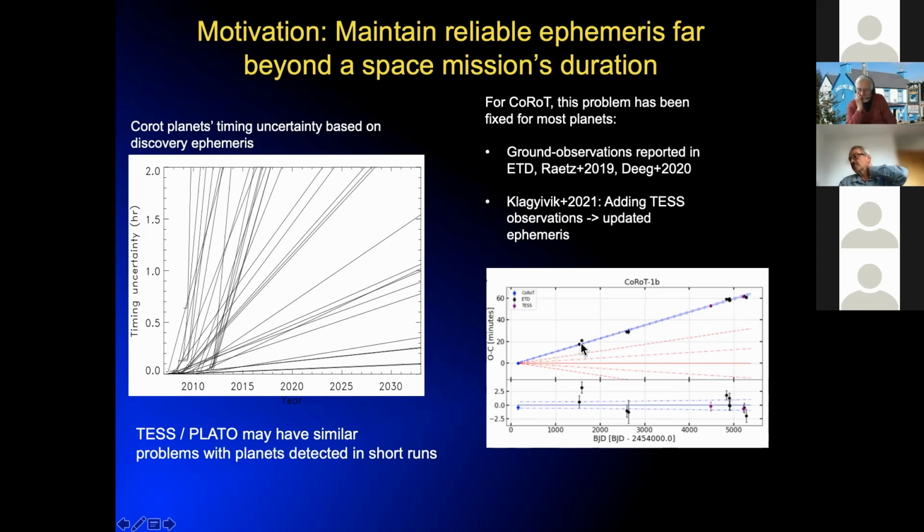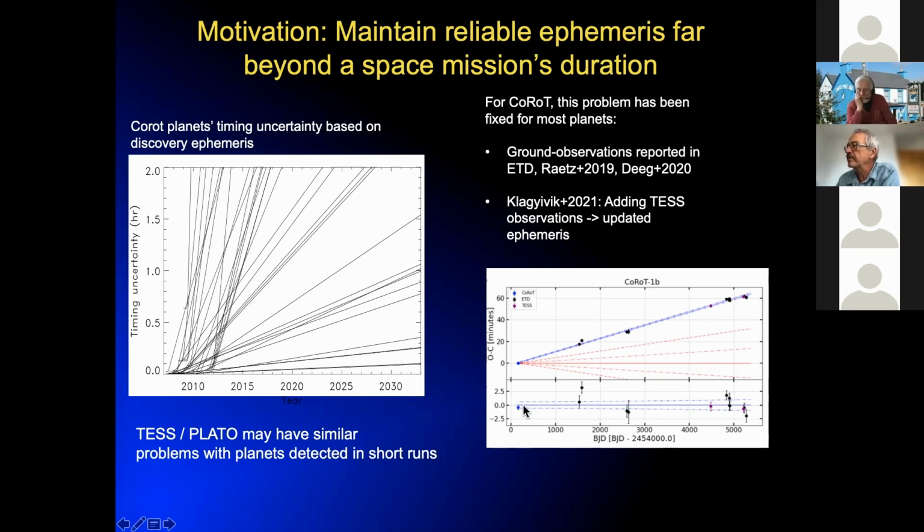But reobservation showed that the transits are indeed somewhat later, and here from ETD, the black values, CoRoT 1 indeed has later transits. The period that was reported in the original paper apparently had a larger error than they published, which has been quite frequent. And then the TESS data, which is a red point here, really fixed this ephemeris very nicely.